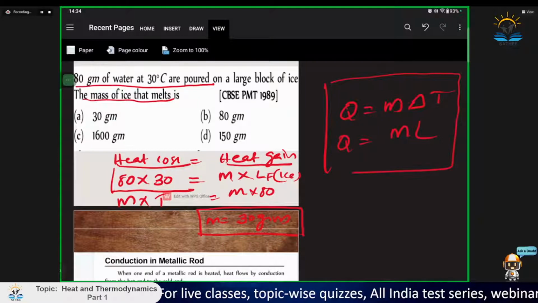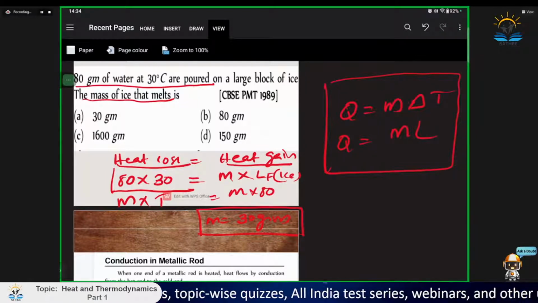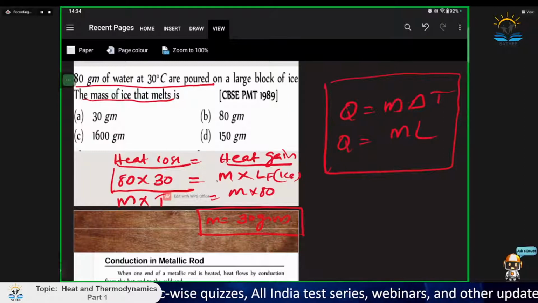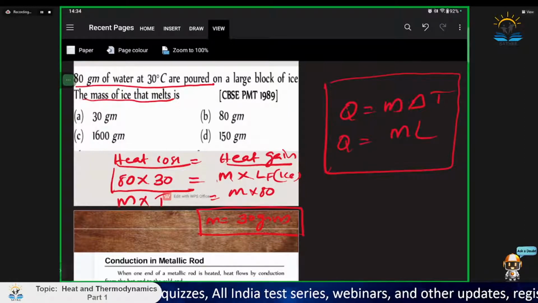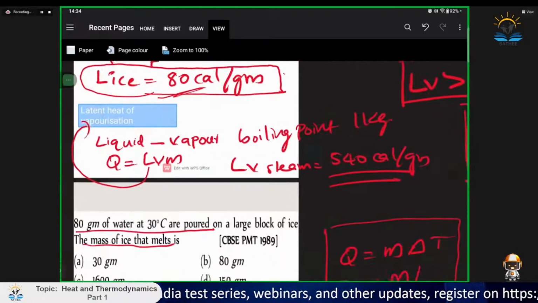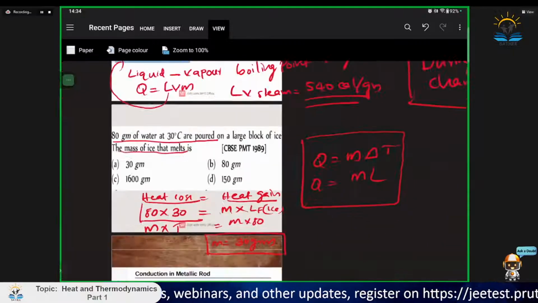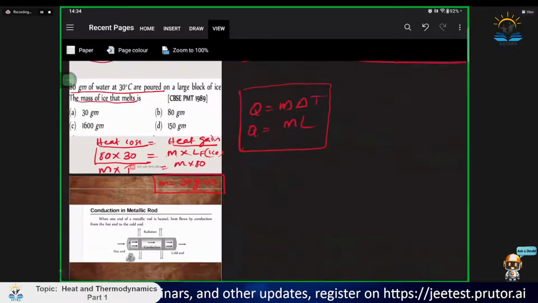Delta T is 30, m is 80. For heat gain, m is the mass of the ice that melts, and LF is 80. So this equation and Q is equal to m delta T, two equations. I hope everyone is clear about this much.